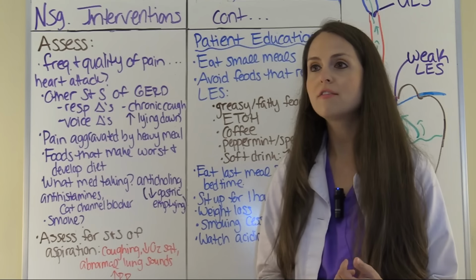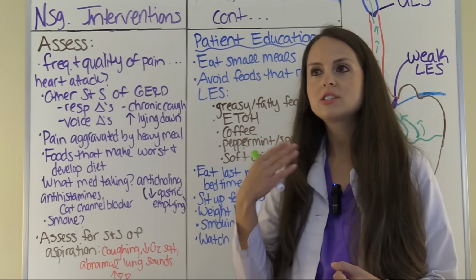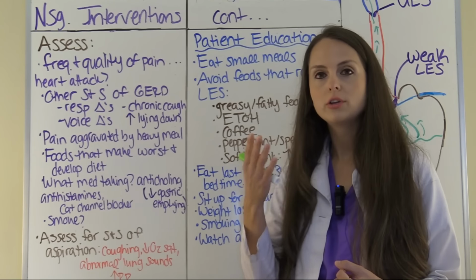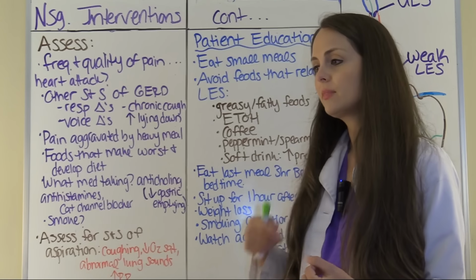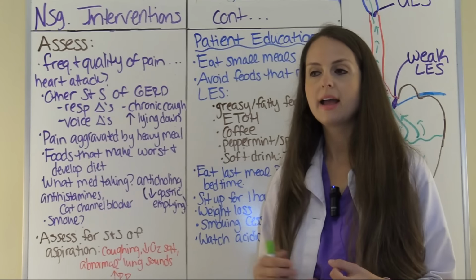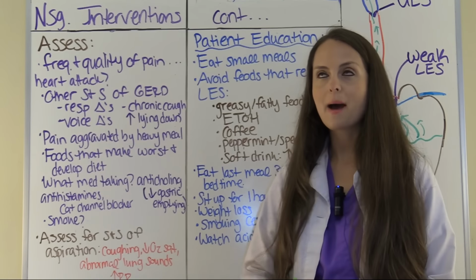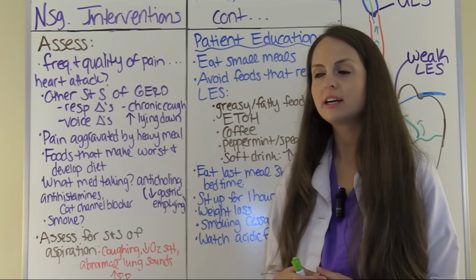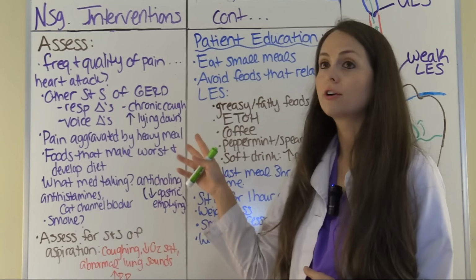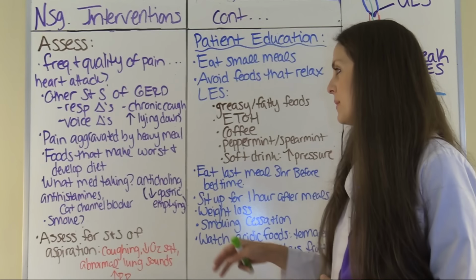They were having chronic coughing. They were having voice changes where they were really hoarse, and their respiratory rate was really high. And we did a chest x-ray, and it showed that they had aspirated some of that breakfast from earlier, and they had severe GERD. So it can happen.